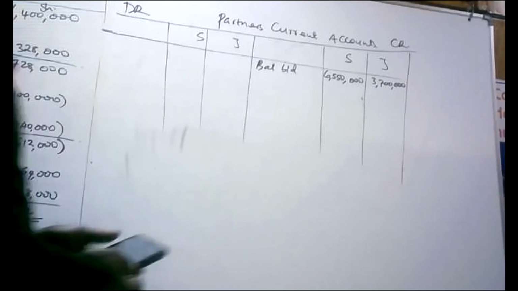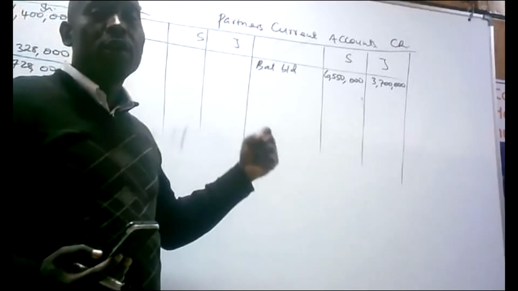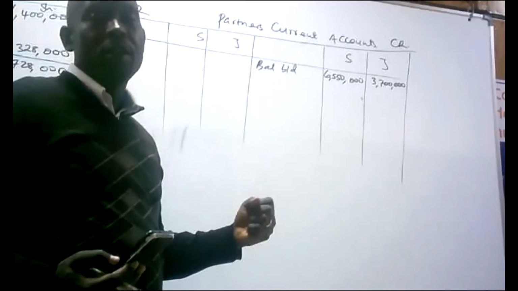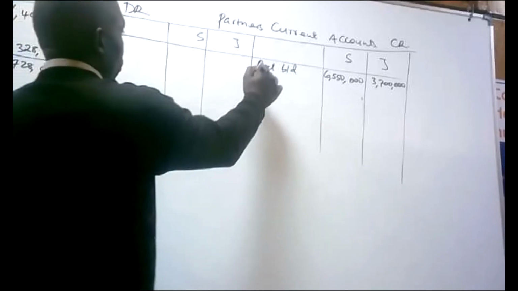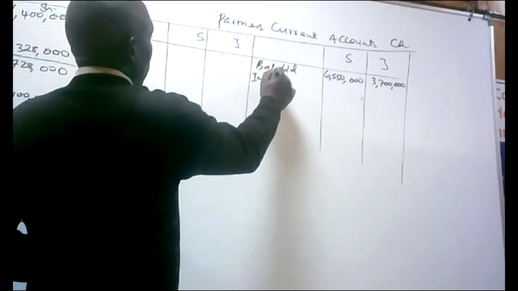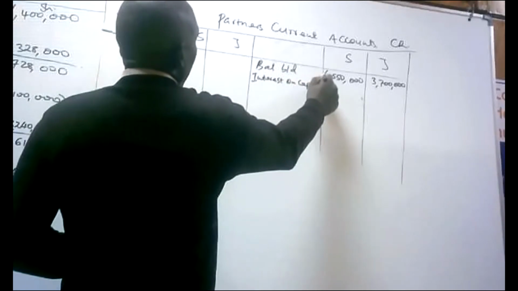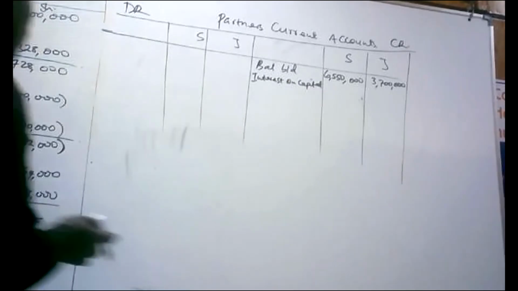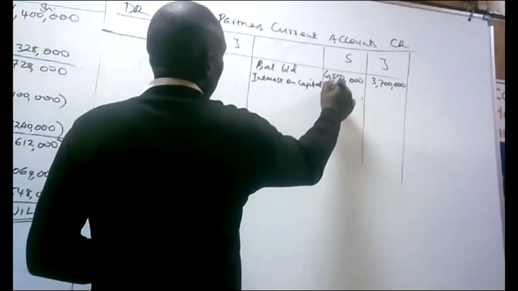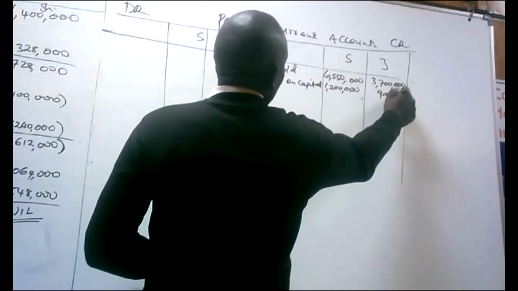What we normally credit is what the partners will benefit or receive from the business. Interest on capital is one of them. From the appropriation, Salim was to receive 1,200,000, Job 900,000.